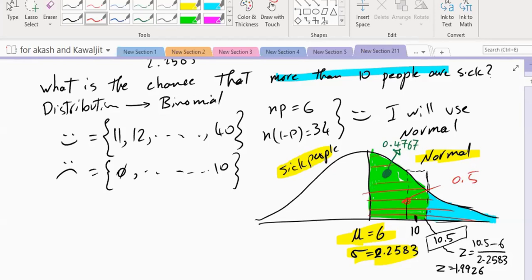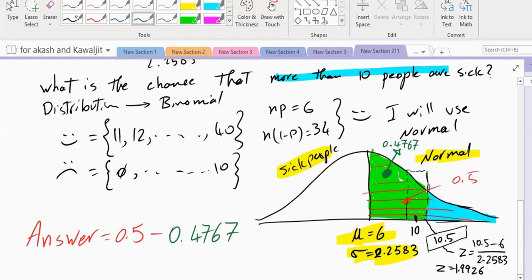So the answer would be 0.5 minus the green area, which is 0.4767. And the final answer is 0.0233.